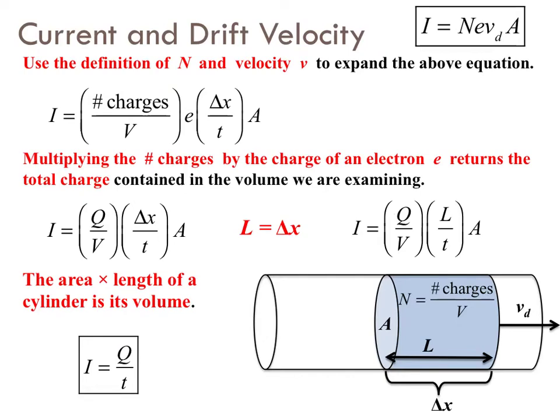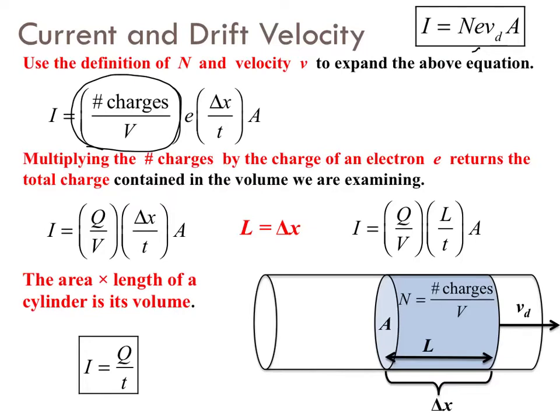So we're going to derive another equation. If we start off with I equals N times e times v times A, we can use the definition of N and velocity to expand the above equation. Namely, we said that N is the number of charges per unit of volume, so we can replace that here. Again, we know that velocity is distance over time.